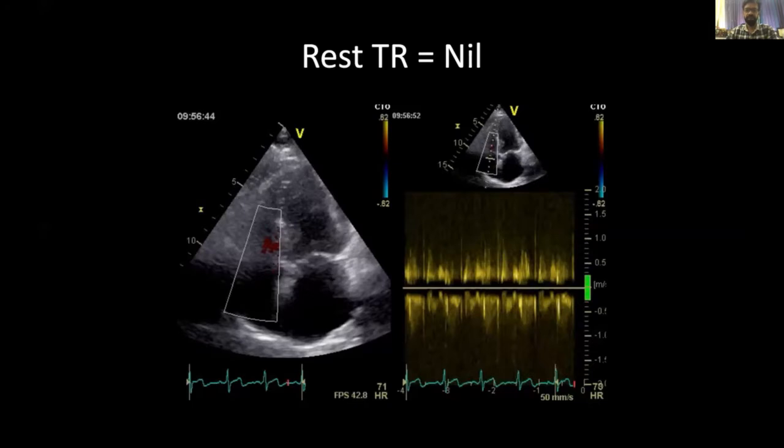Let me go ahead. I don't know why it is not moving. I'm extremely sorry that there is some problem with my sharing, but I have only a few slides more to show, which make you understand that left atrial strain becomes a very robust parameter at rest and also after exercise in identifying a group of patients who are in the borderline phase.